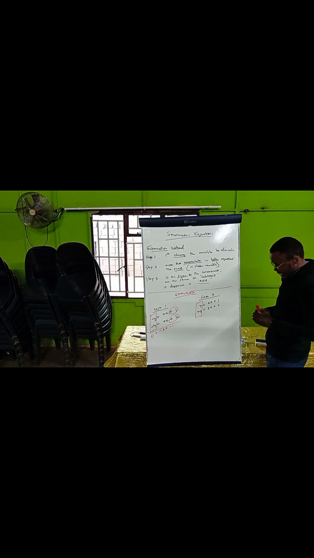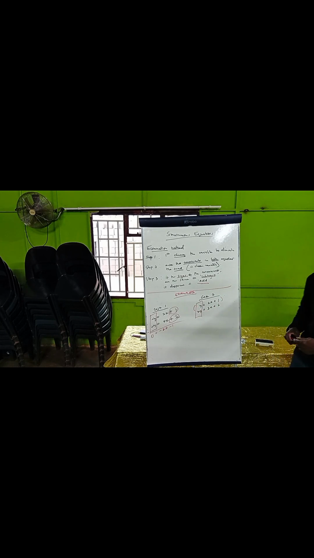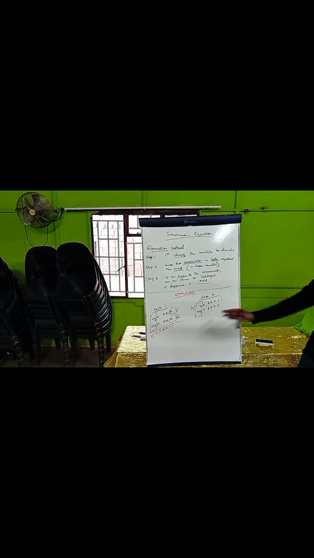In fact, in this second case, the method is to multiply by the factors that will give you the lowest common multiple, but I will explain that in the third case. In this case, we just multiply the first equation by 2. You don't need to multiply by 1 because it will always be like that.